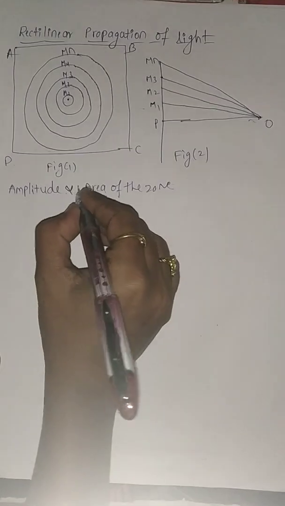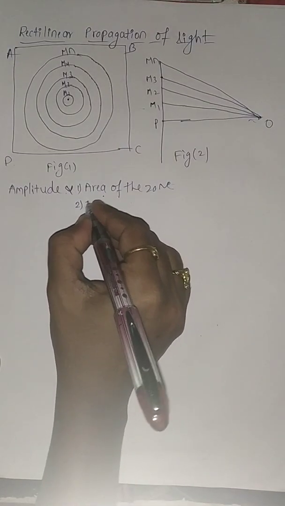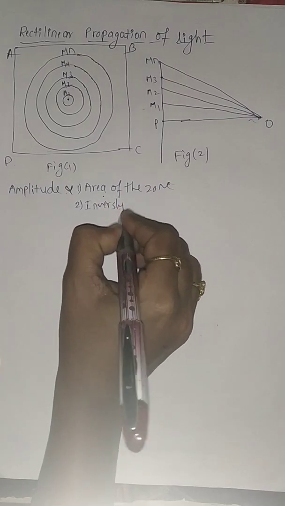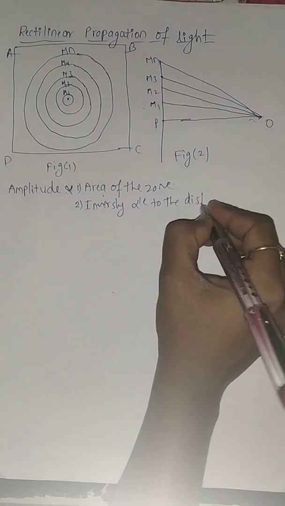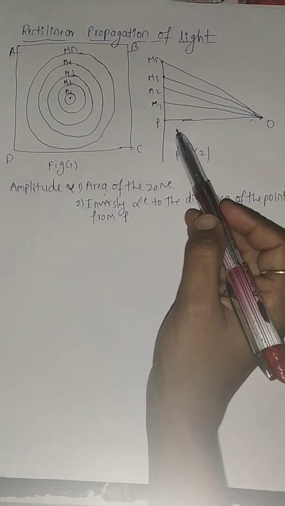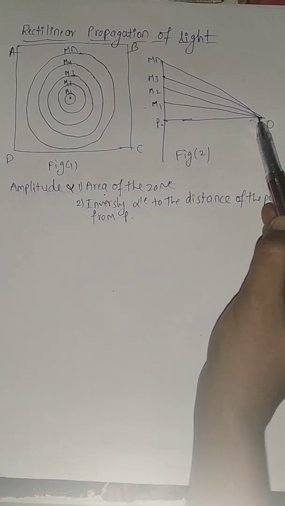And the second thing is that it is inversely proportional to the distance of the point O from P. Which means that if it is nearer to the point P, then the amplitude will be highest.